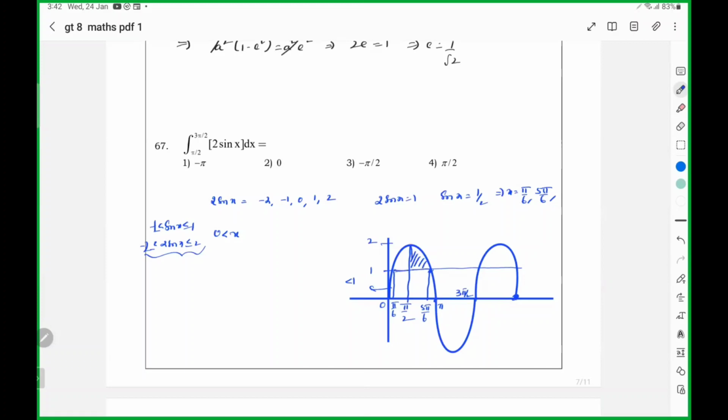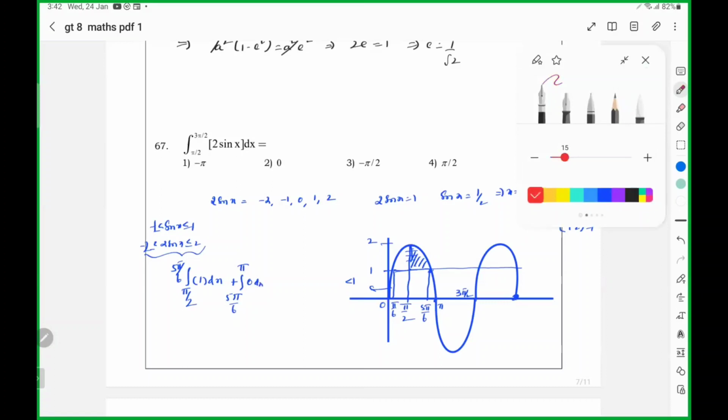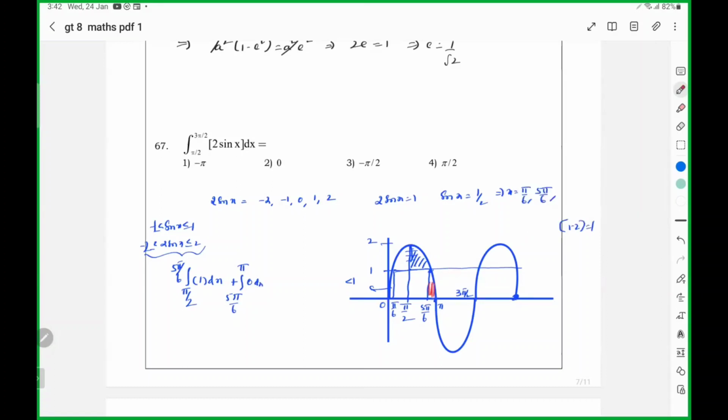Till here is 1, these are all 1.1 like that. So between pi by 2 to 5 pi by 6, it is more than 1, step of more than 1, which is 1. Between 5 pi by 6 to pi, these values are less than 1. Step will be 0.